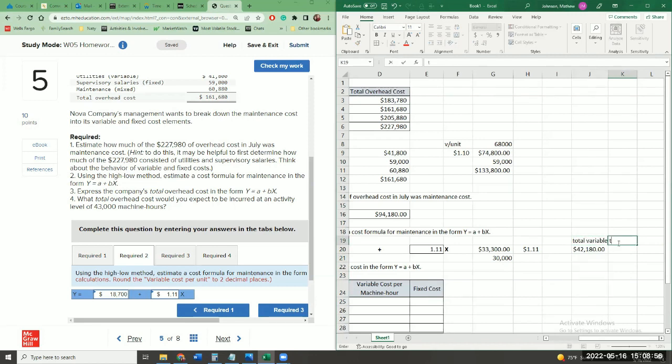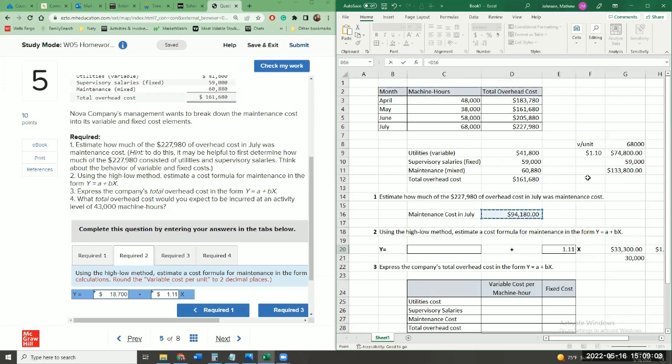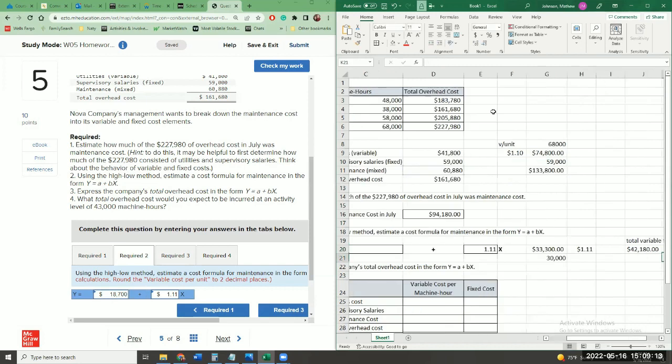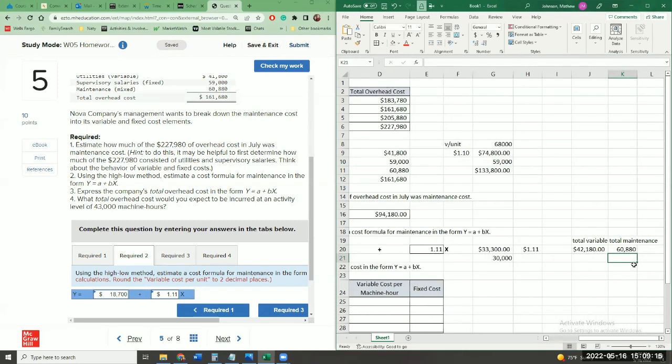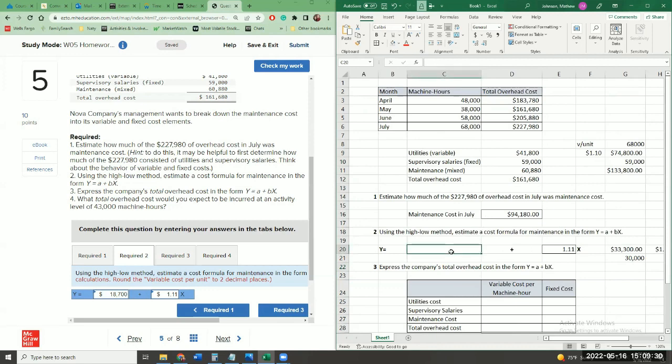And we know that the total maintenance is the 60,880 because we're working with May. If you use the machine hours of May, you need to use everything about May. You can't mix them. So if we want to know the fixed part of this May maintenance cost, we just need to subtract the 60,880 total maintenance cost minus the total variable. So there we have it, 18,700.